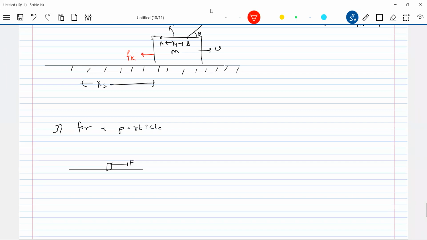So this is the particle. Now, what is the displacement of the point of application of force and the displacement of the particle? Both are same.